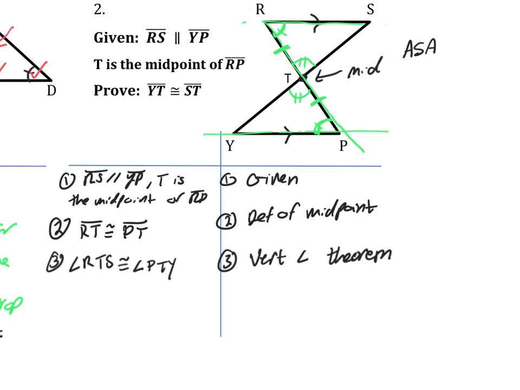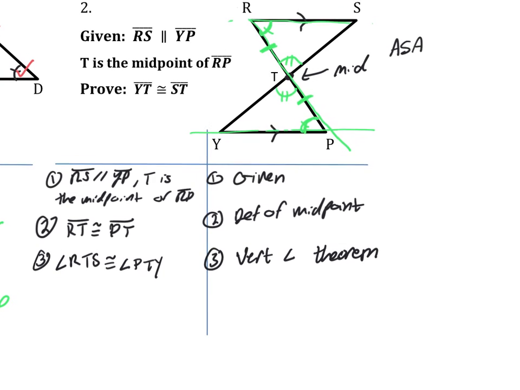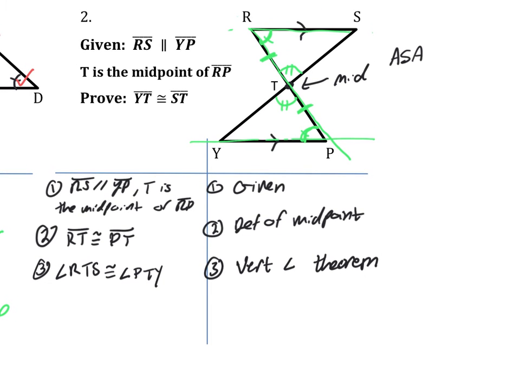I know that our final proof says something not about the triangles being congruent, but we need to know that the triangles are congruent to know that all the pieces are congruent. So we're working towards that triangle congruency, and then we'll go from there.